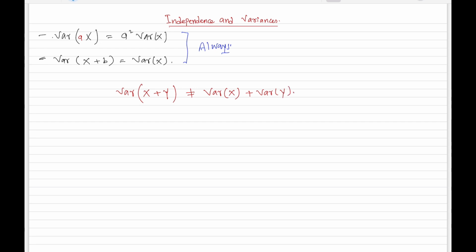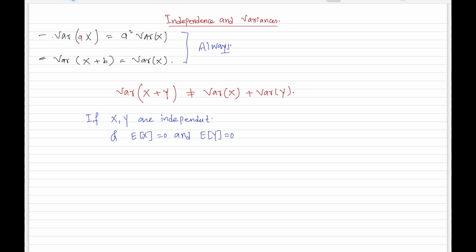But let's say we have the information that the random variables x and y are independent, and the mean of x is 0, as well as the mean of y is also 0.